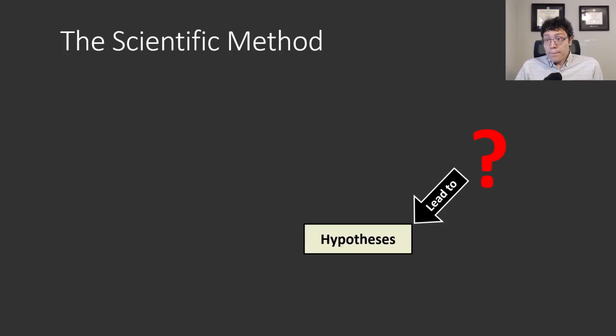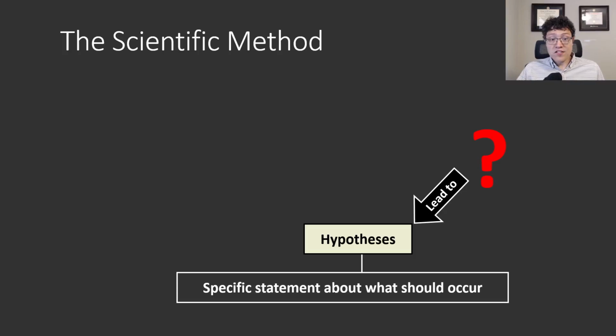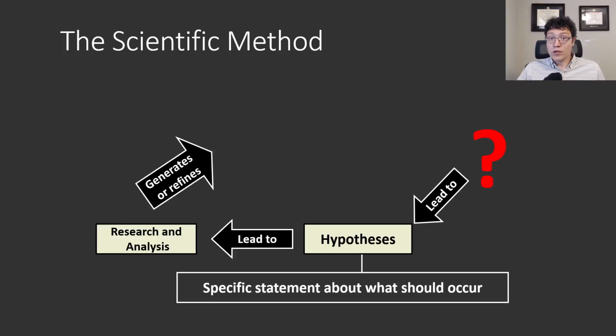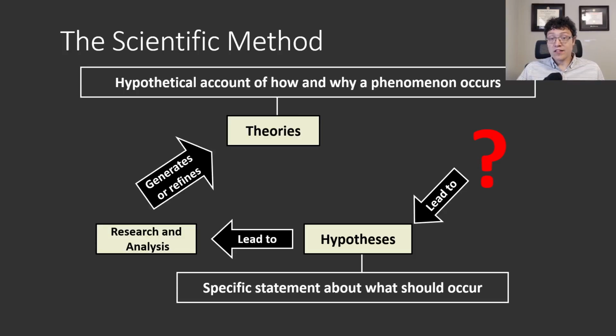So we make hypotheses. People do the things they do because it is a combination of their personality and behavior. We test those hypotheses, which lead to research analyses. We can make theories out of this data and keep this cycle going. Again, this is nothing too special for anybody in a college class.